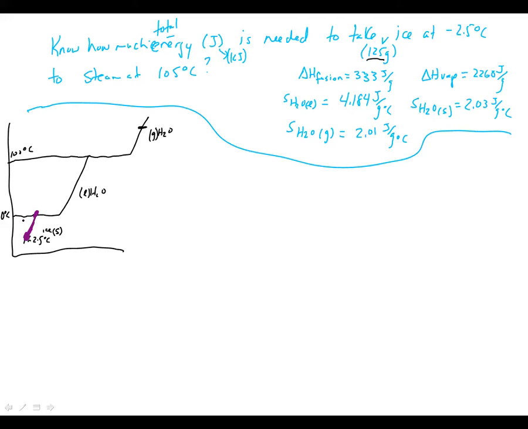I'm going to call this step number 1. In step number 1, we're going from minus 2.5 degrees Celsius to 0 degrees Celsius. That whole process that I just made purple is where the water is still in the solid phase, but we are changing the temperature.